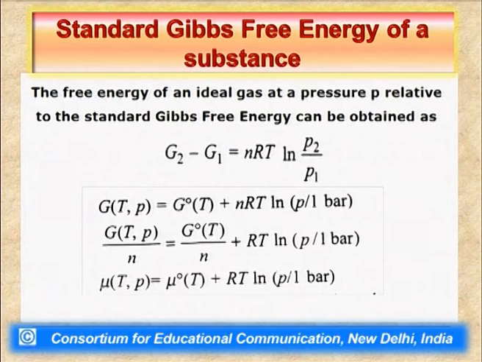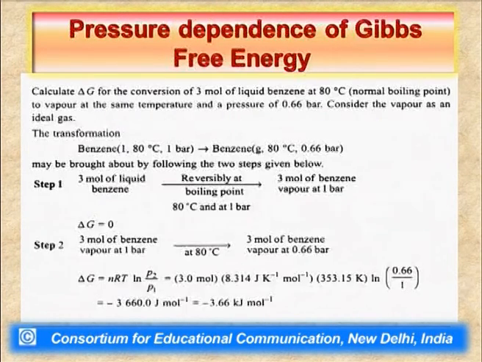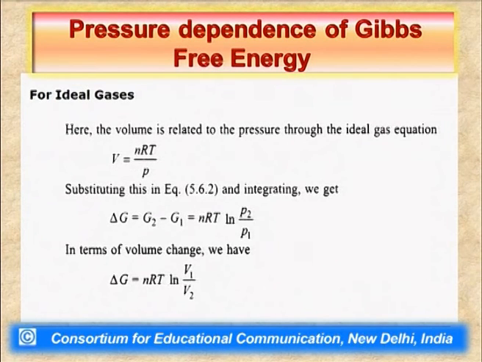Now, what we have done is we have made use of a formula. Which formula? Just have a look. We made use of this formula, delta G equals G2 minus G1, that is the value of Gibbs free energy at one pressure minus the value at the other pressure. If G1 is the value of Gibbs free energy under standard pressure, that is 1 bar, then this is equal to nRT ln P2 by P1, where P1 is 1 bar.